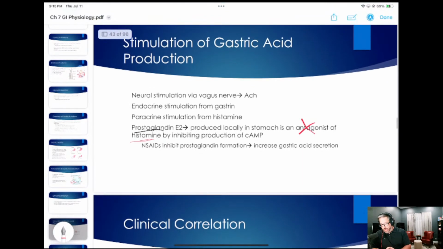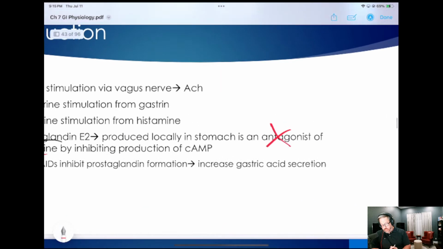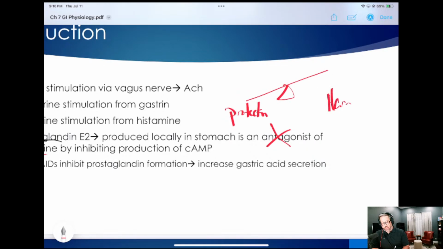Gastric mucosa is under a big balance of your protective benefits and your harmful benefits. Increased acid is a harmful response to the stomach lining.